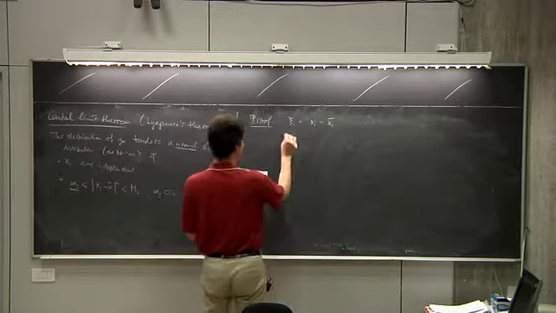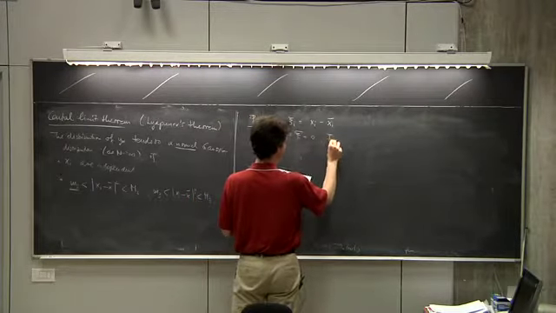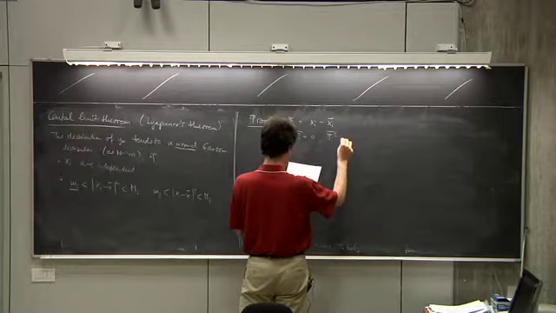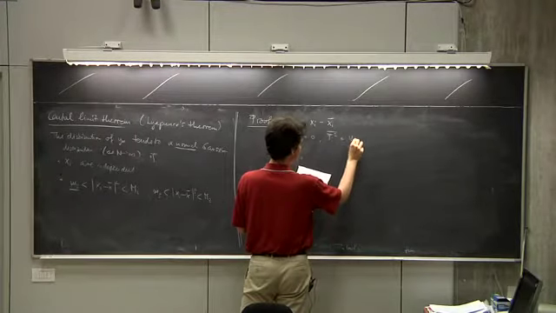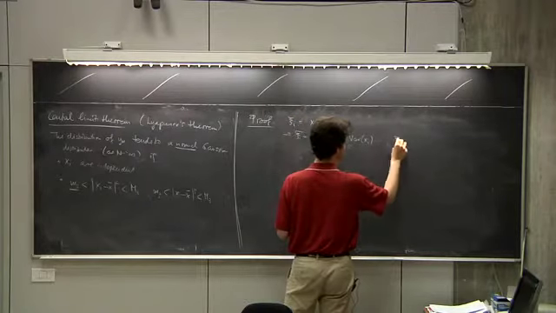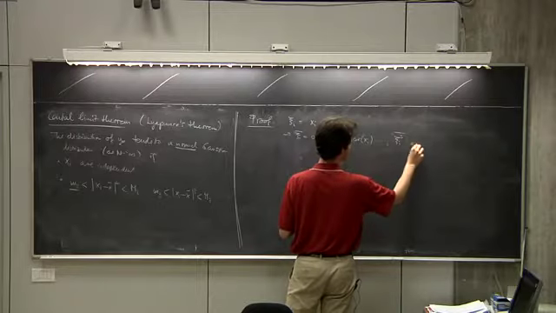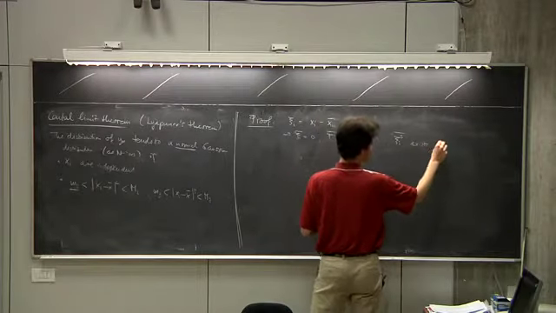Then the psi i average is 0, the psi i squared average is the variance of xi, and psi i cubed by assumption exists and is finite.